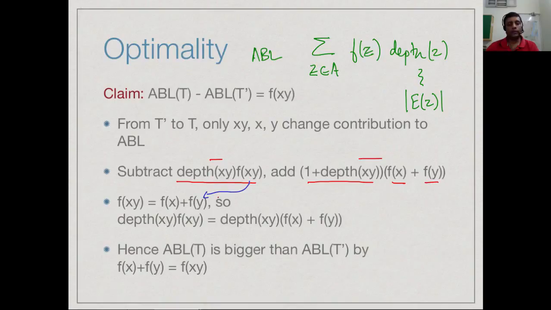So this left-hand side term is actually this right-hand side component, depth of xy times (fx plus fy). So I'm subtracting this and adding it back, so they cancel each other out. Therefore, all I'm left with is 1 times (fx plus fy), which is fx plus fy, or f_xy. So in going from T prime to T, the crucial thing is that it only depends on which letters I have contracted. That fixes the difference uniquely.